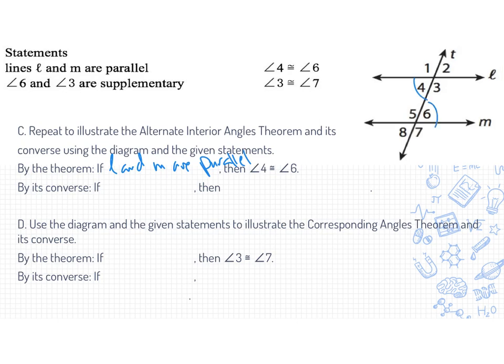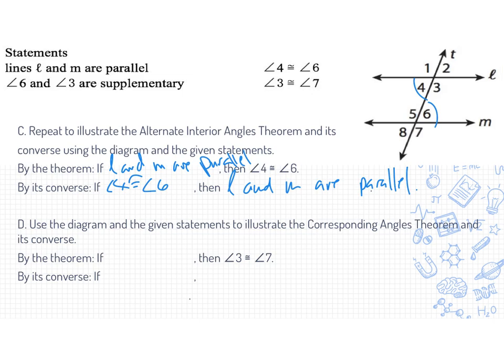So the converse of that would be: if angle 4 is congruent to angle 6, then lines L and M are parallel. So now we've shown that if we have alternate interior angles that are congruent, we force the lines to be parallel.